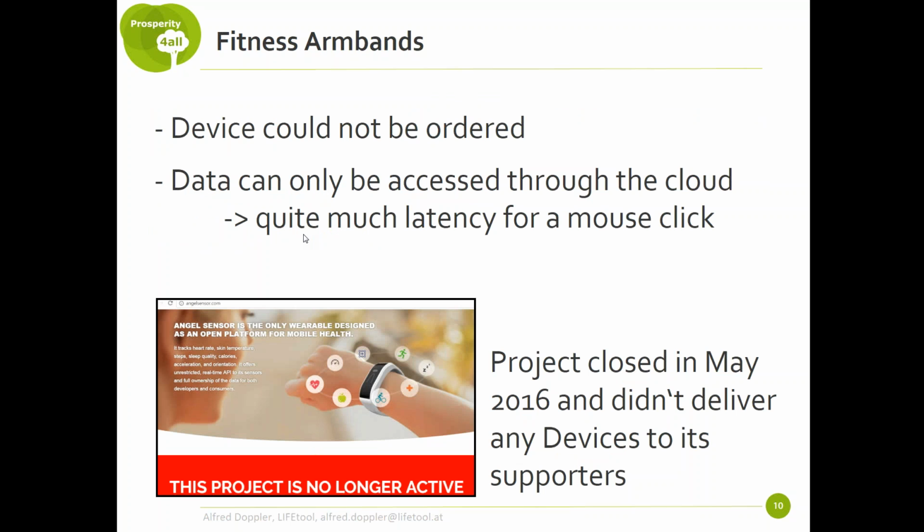This means when you want to know if somebody raised their hand, the data from the armband had to go through your Wi-Fi connection onto the internet to a cloud server. From the cloud server there should be some kind of web app that gets the data for you and then sends it to your local AsTeRICS on your PC to have a reaction.